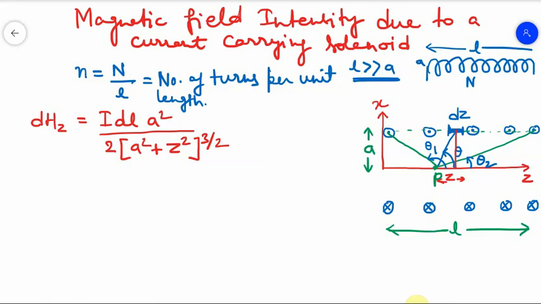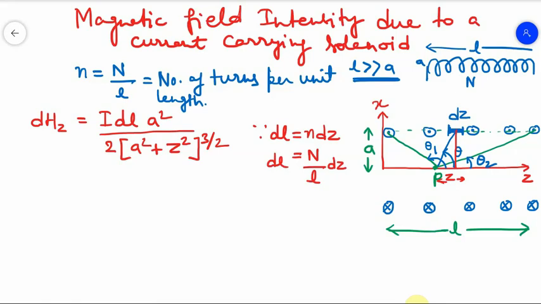But this dl equals what? N dz. Why? Because this n equals number of turns upon L, and if the length is dl, then obviously it will be n into dz. So here we will write N upon L into dz. So this is your dl.